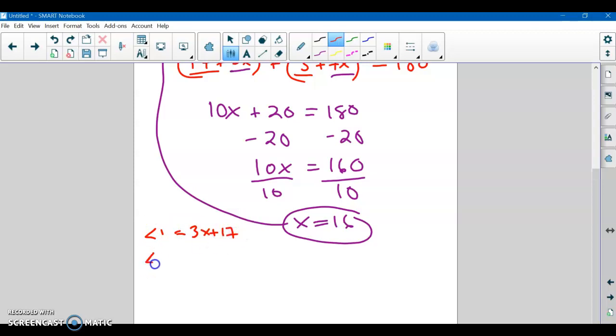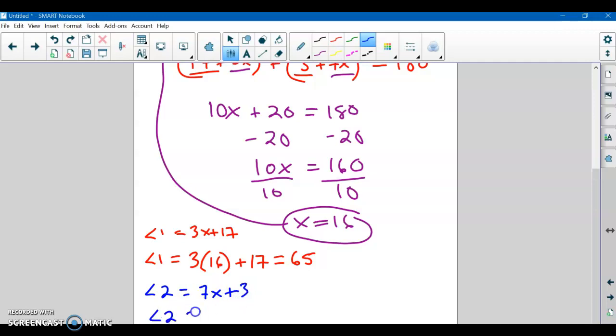So that means angle 1, we're gonna do 3 times 16 plus 17, and when you do that math, you're gonna end up with 65. Angle 2 was 7x plus 3. So that means we've got 7 times 16 plus 3, and when you do that math, you get 115.